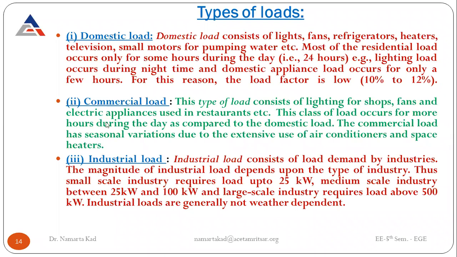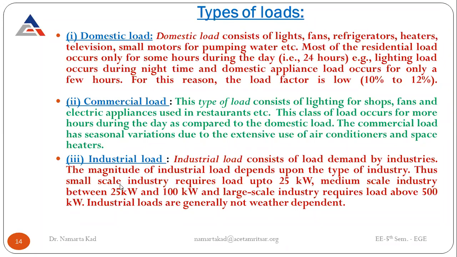This type of load is generally switched on from 10 a.m. up to 8 or 9 p.m., and during night it generally remains off. No supply is used in the shops or in the mall areas at that time. So the load associated with shops or marketplaces is the commercial load.